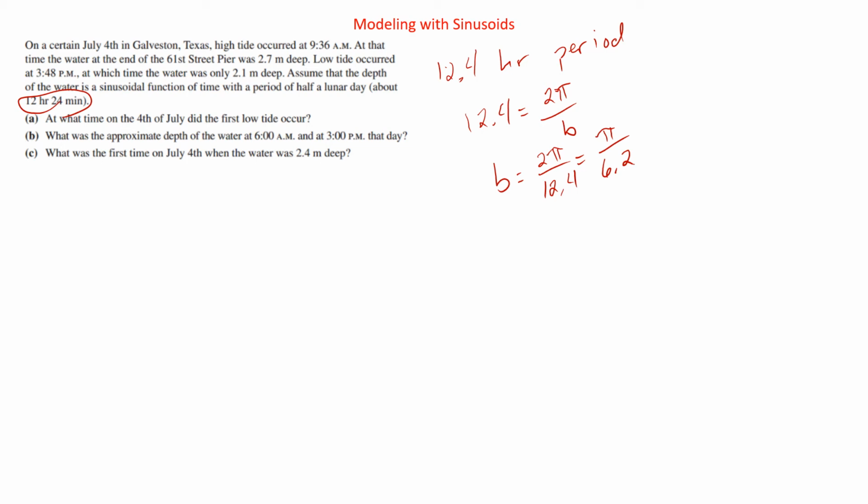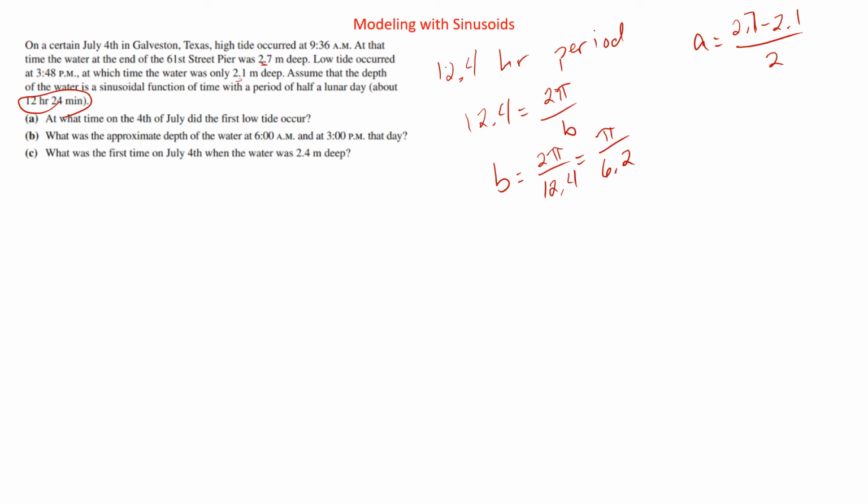We have amplitude that we can find. We know the high point is 2.7, the low point is 2.1, so the amplitude is going to be, well, not halfway in between, but it's going to be half of the difference.